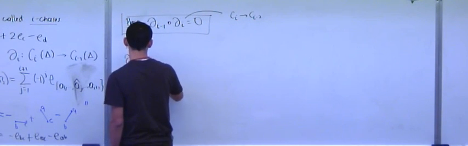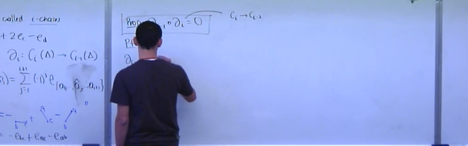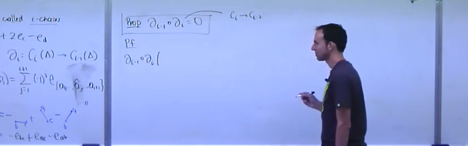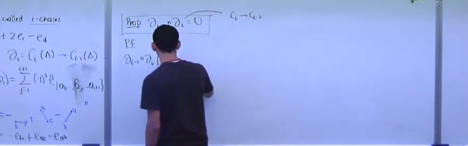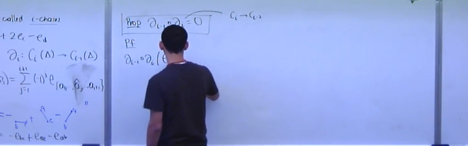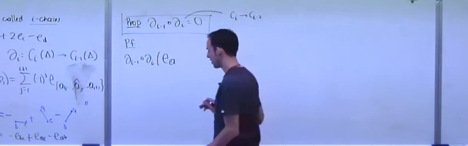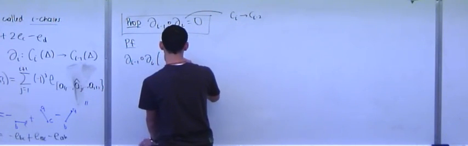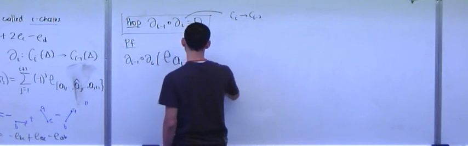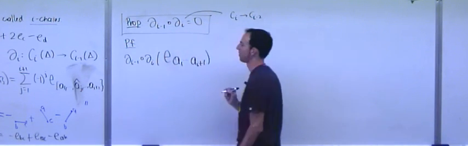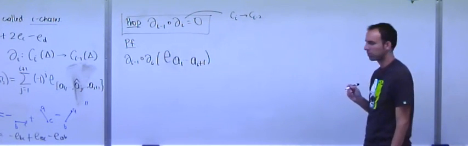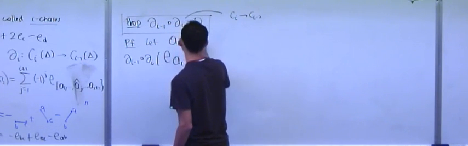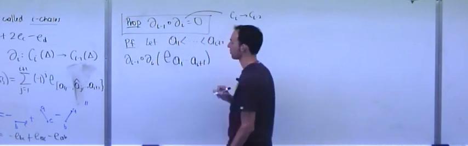So d_{i-1} delta_i of a basis guy. I mean, this is where notation gets annoying, but I'm just going to drop the brackets, okay? And I think I'm going to write a lot bigger so that the subscripts show up in the video. Okay, I need to show that that's 0 for any a_1 < ... < a_{i+1}.